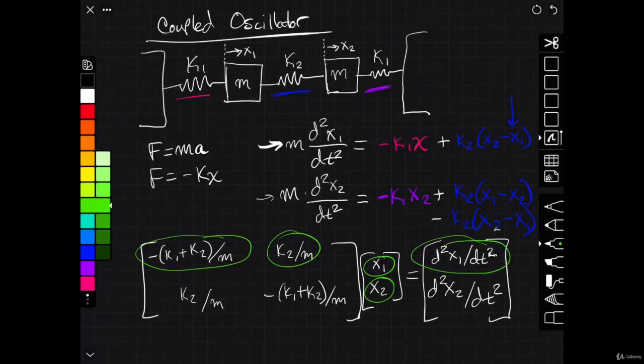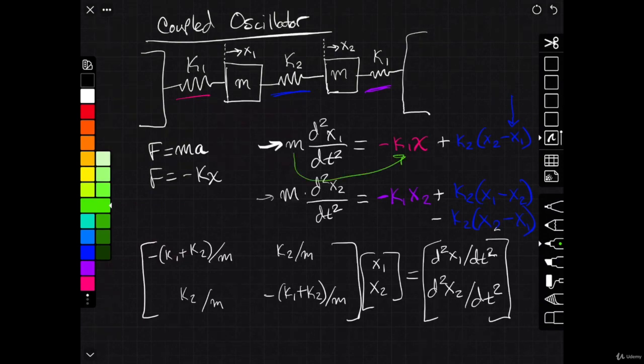The m's, of course, we got by dividing over to this side, so you have over m in each and every one of these terms. By rearranging these terms, you can see how you get minus k1 plus k2, and k2 times x2. So this should be straightforward given the previous example.